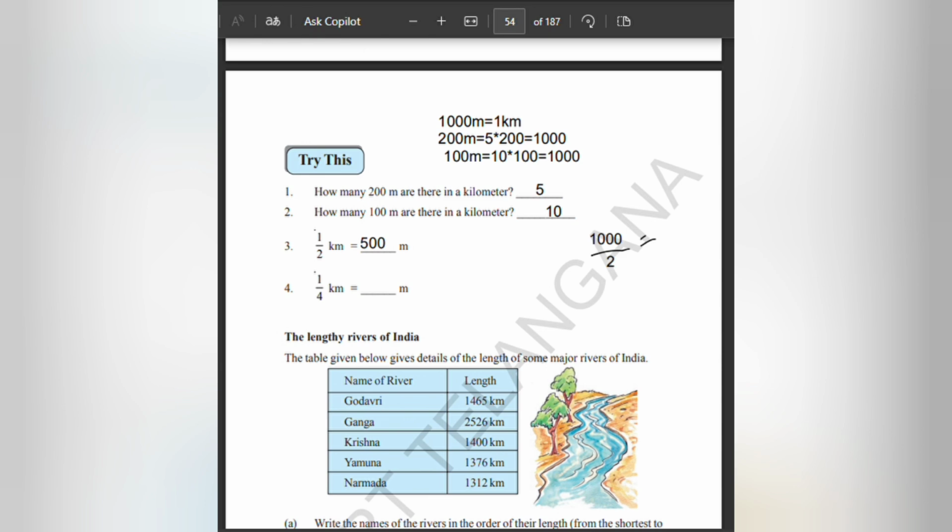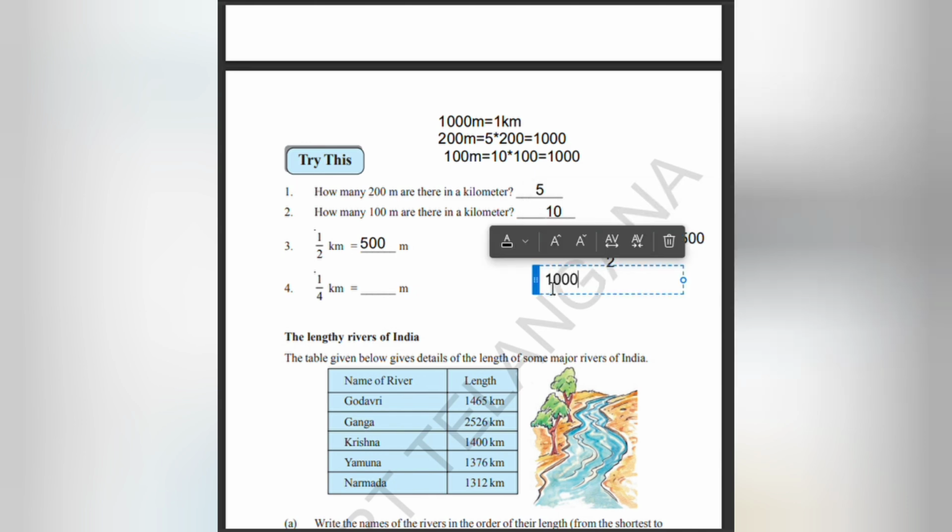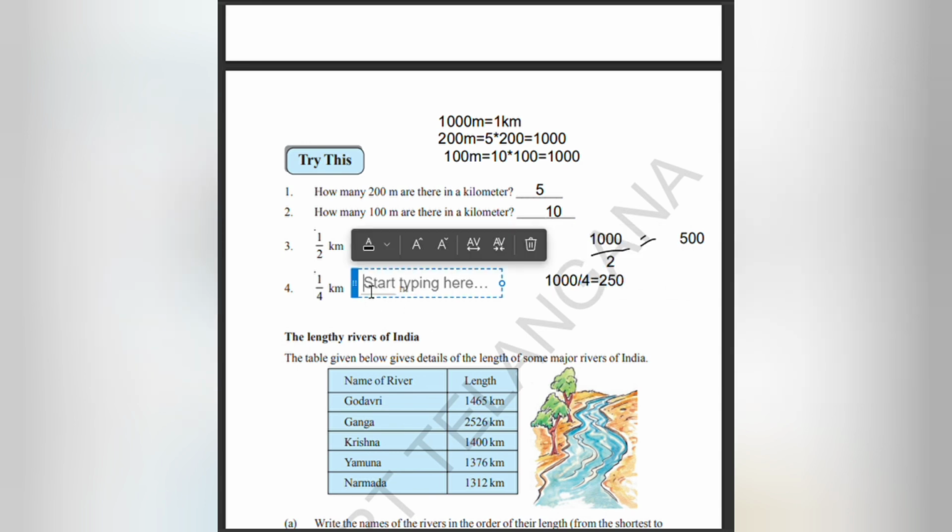We got 500. So right here 500. 1 by 4 kilometer means 1000 divided by 4. How much is that? 250. So right here 250 meters.